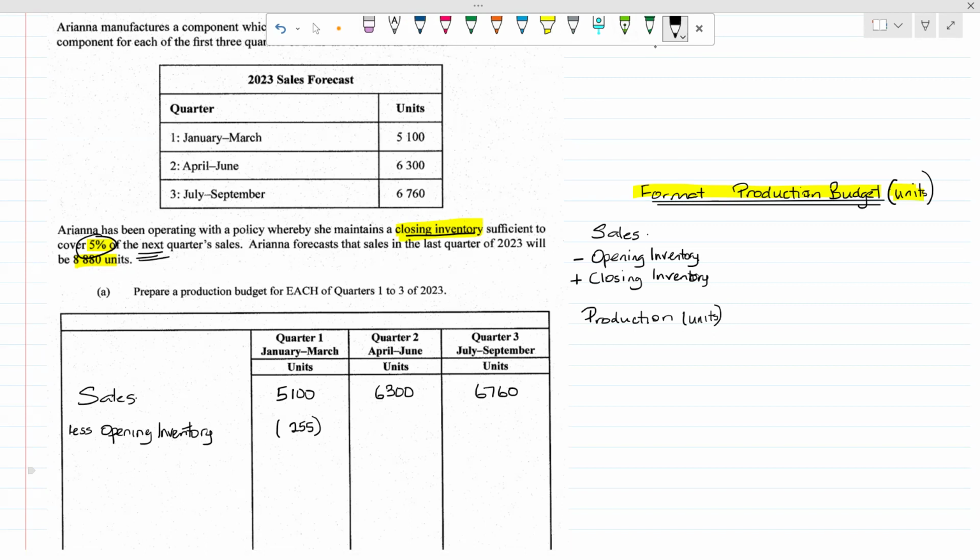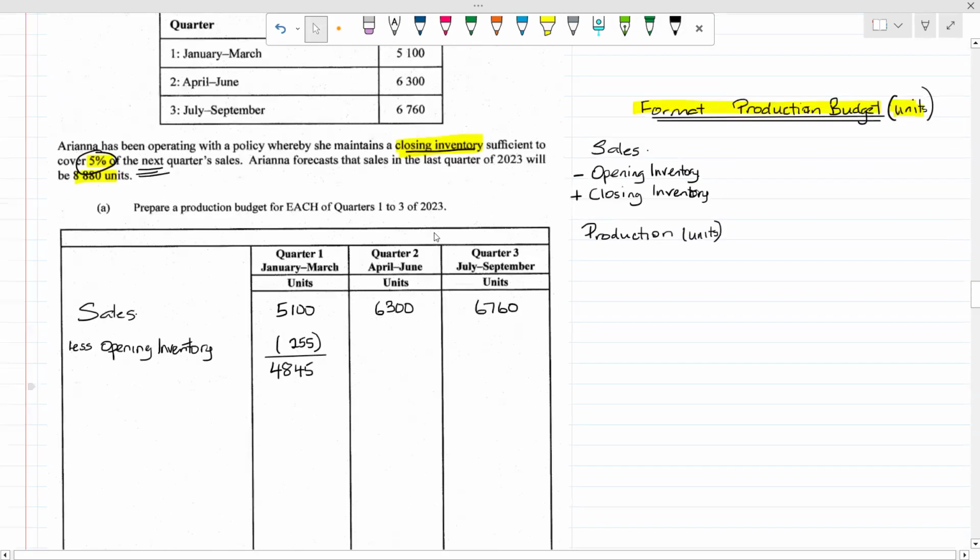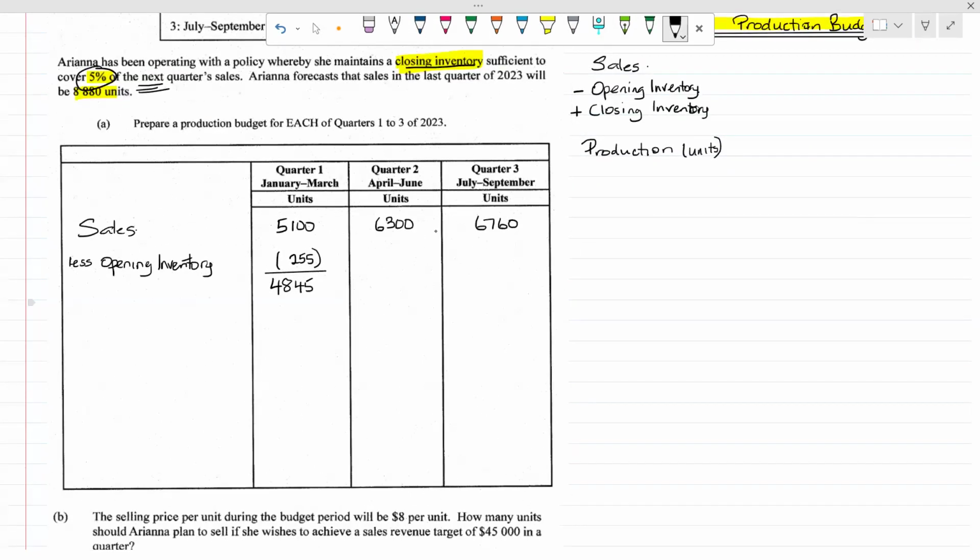Now, that's that. Let's subtract those two. 5,100 minus 255 is 4,845. Yeah? Now, my closing inventory, we add in closing inventory now. It must be 5% of the next quarter's sale.